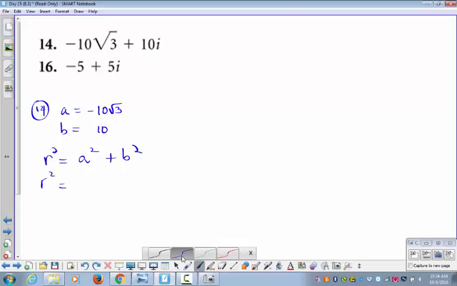So R squared is going to be, when we square that, 100 times 3, so that's 300, plus 100. And then R will equal the square root of 400, which is 20. And it's always positive, just like we've always done this semester. R is a positive number representing distance from the origin.